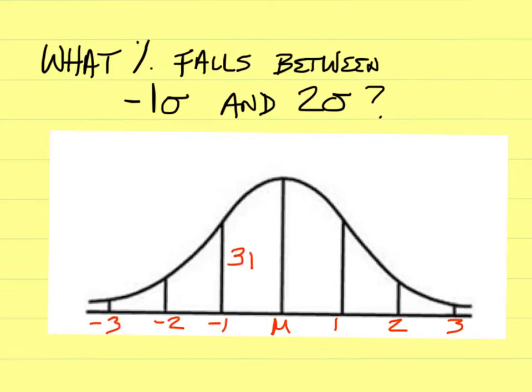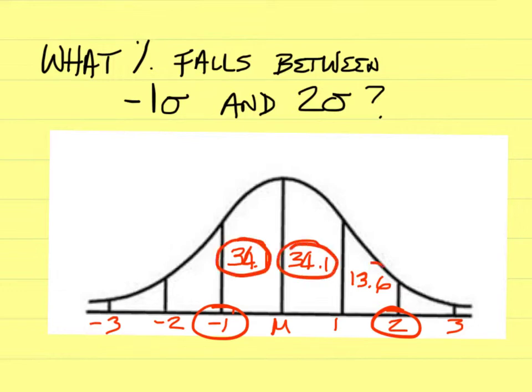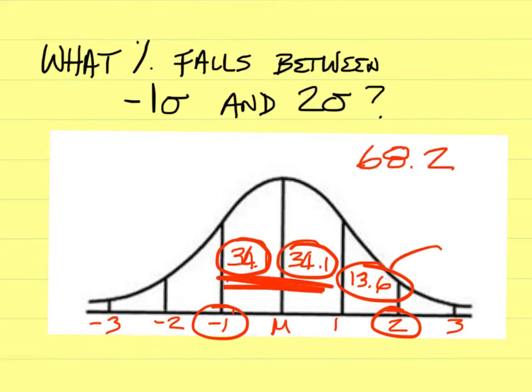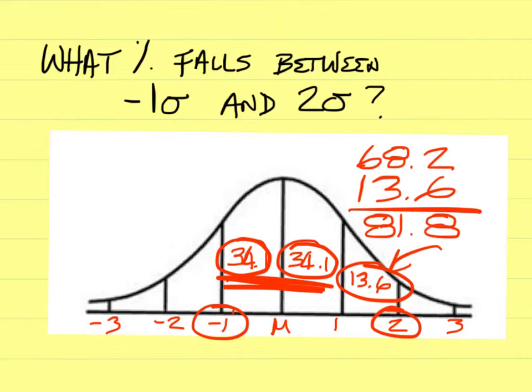And inside here you have 34.1, 34.1, 13.6. Now remember, the question was between -1 and +2. So you have to add up these percentages in here. If you add these up, that would be 68.2, and then add in that 13.6, you should come up with 81.8 between those numbers here and here.